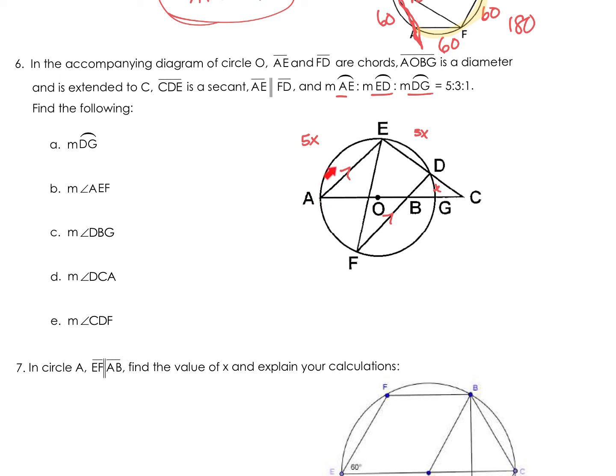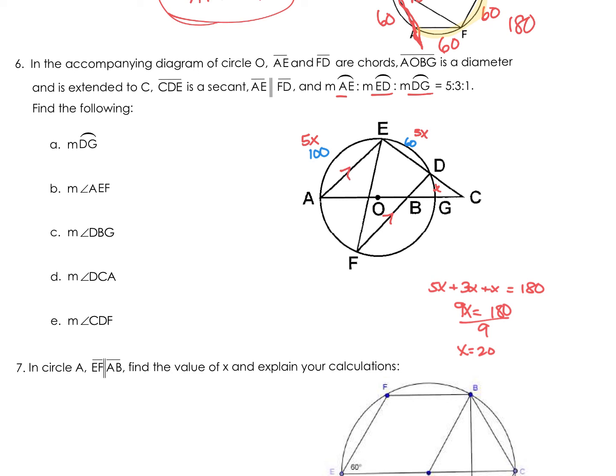How much of the circle is this making? Half of it. So that means 5x plus 3x plus 1x equals 180. 9x equals 180. Divide by 9, x equals 20. So this must be 5 times 20, 100. 3 times 20, 60.